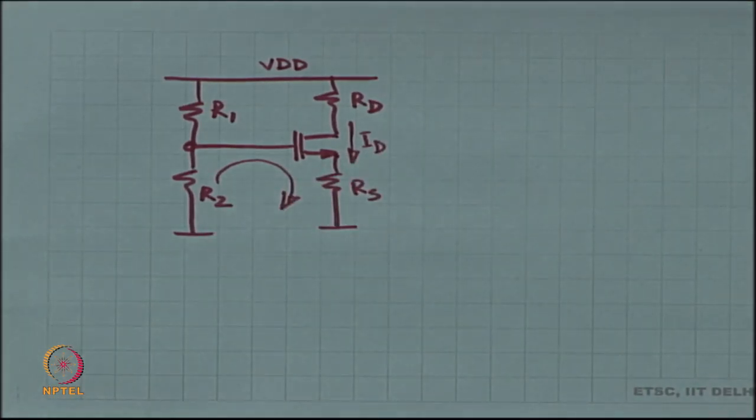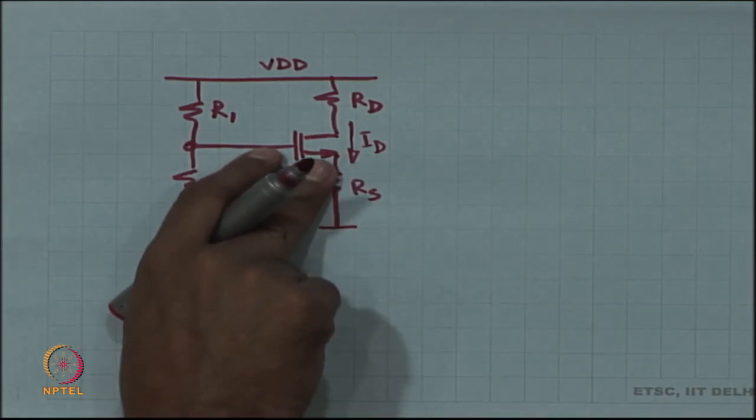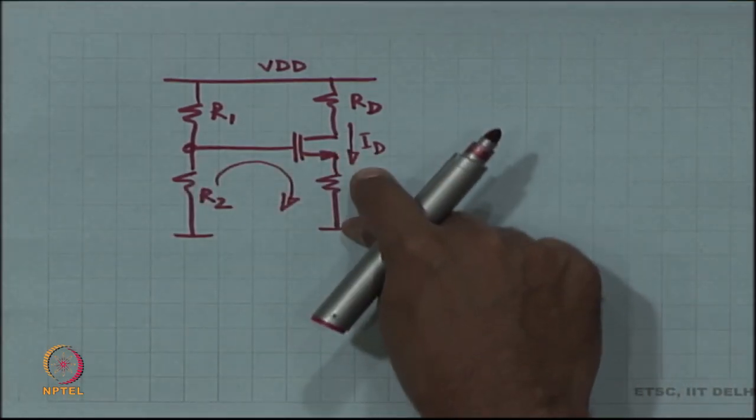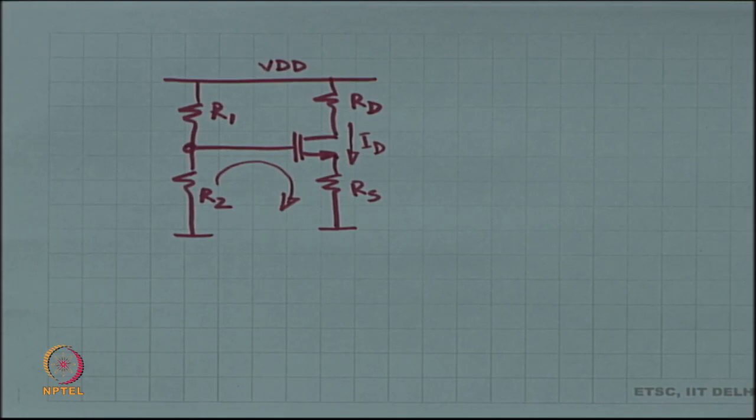That gave you a quadratic because VGST is nothing but, what is VGST? VGST is the square root of ID by k. So, square root of ID by k plus VT, IDRS and a fixed value. All right.